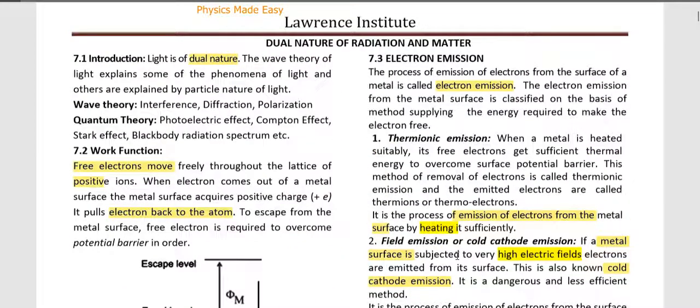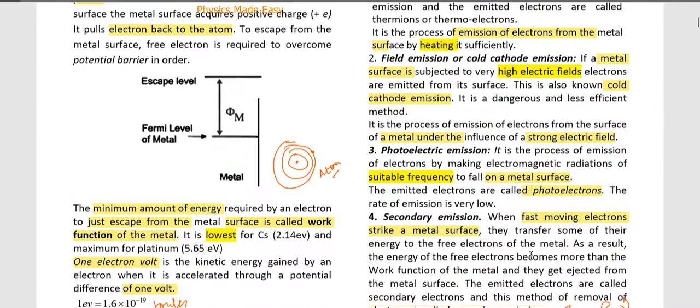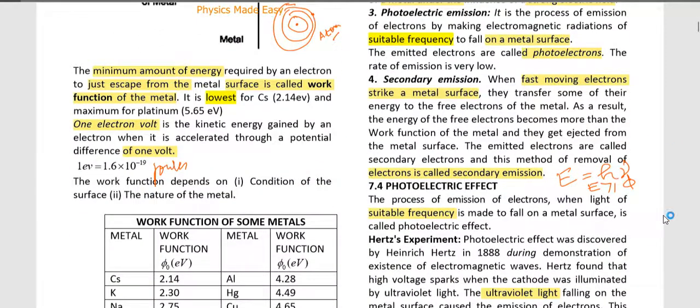Electron emission. Now, the energy required, the work function, can be supplied in different ways to an electron. One is by heating, we call it thermionic emission. Another is by applying an electric field, we call it field emission. Another is by bombarding the metal with fast moving electrons.